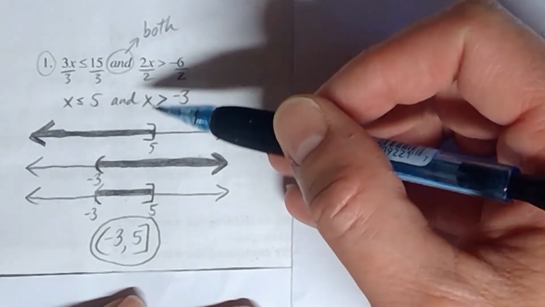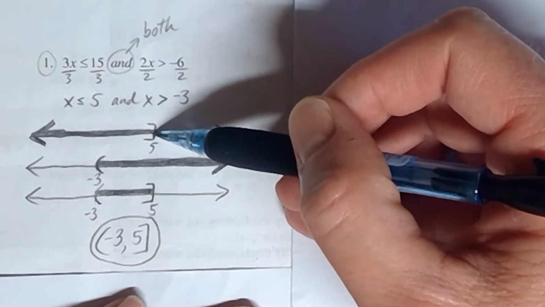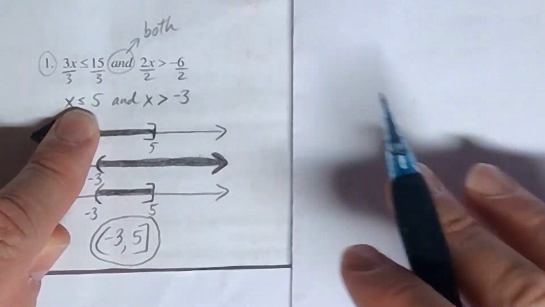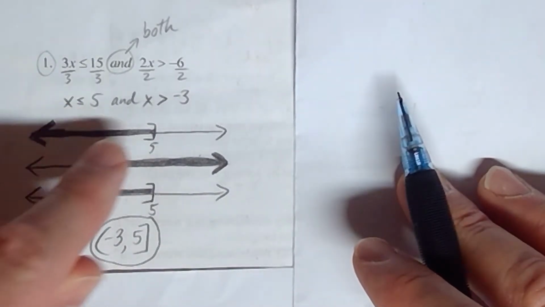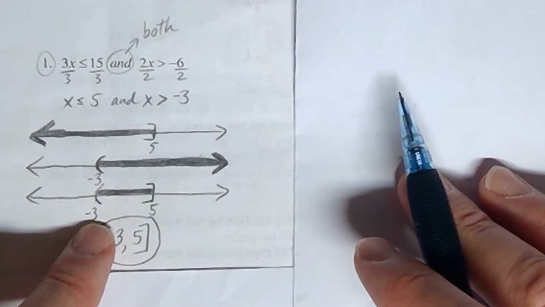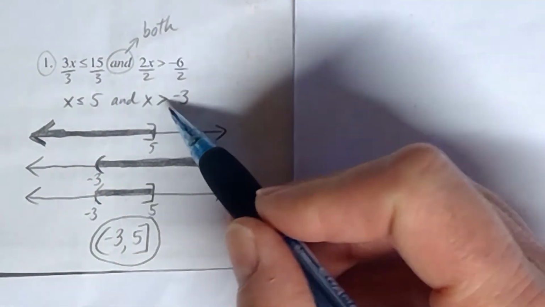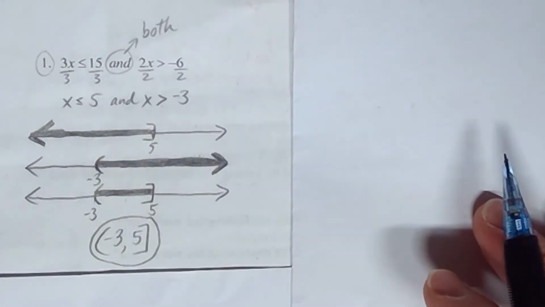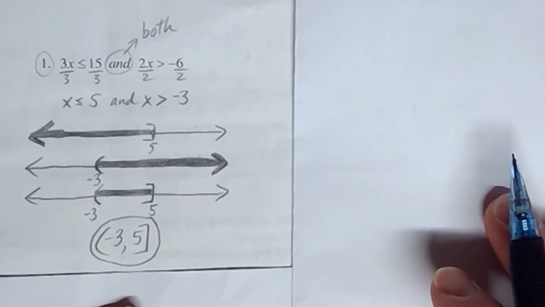And I should mention how we got the brackets as well. I apologize. 5 is square because the 5 has alligator feet next to it. The negative 3 has a round bracket next to it because it doesn't have alligator feet on the alligator that's next to negative 3. And so that's where the brackets came from.